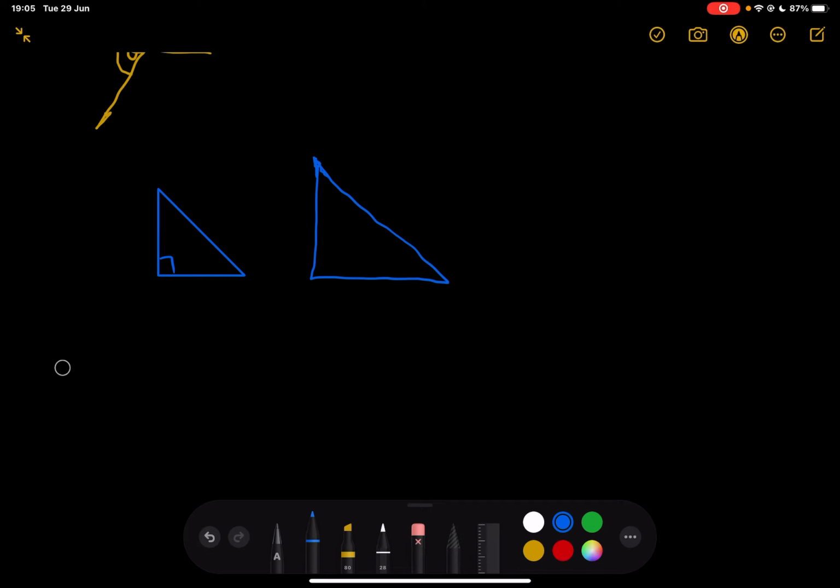If we have right angle triangles that look like this, these are the same shape, right? They're the same shape, but they're different sizes. We can clearly tell that they're different sizes. This means in terms of lengths, these are different sizes. So we call these similar. These are similar shapes.